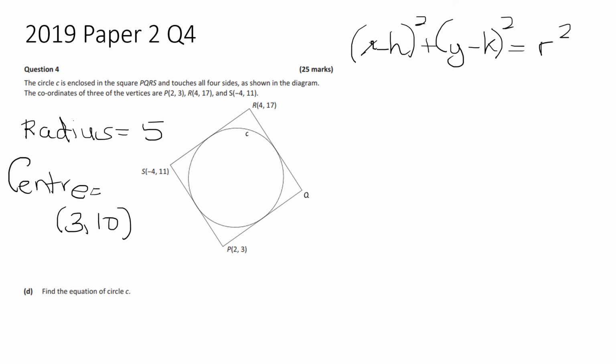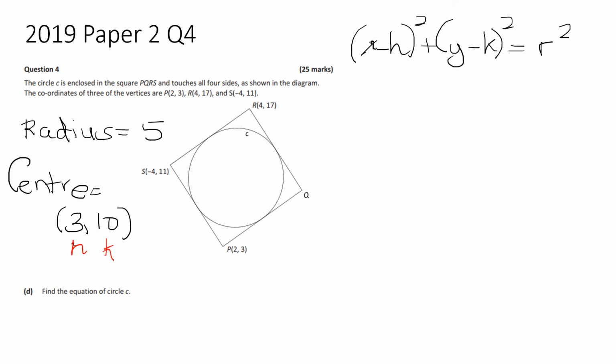I'm just double checking that the center was (3, 10): 4 plus 2 is 6, divided by 2 is 3, and then 20 divided by 2 is 10, yeah, so (3, 10) was your center in the last question.